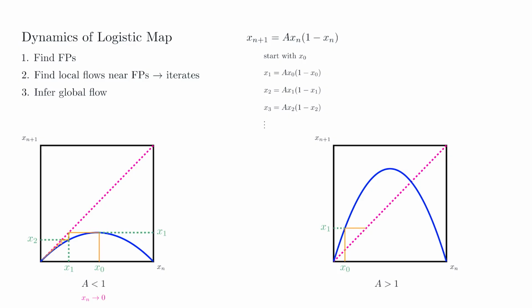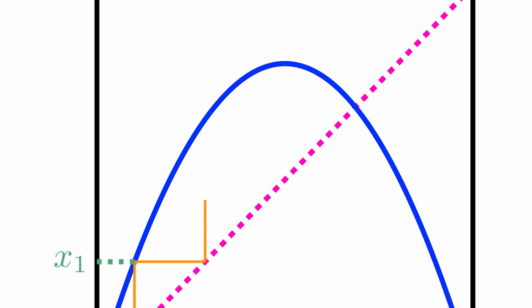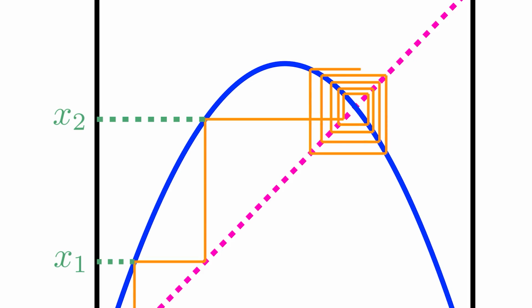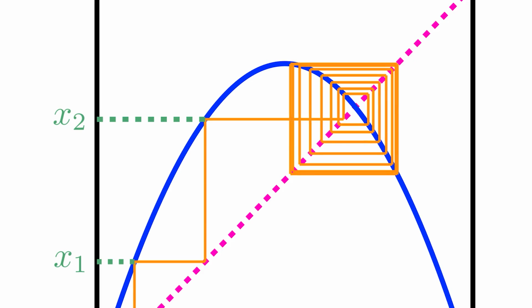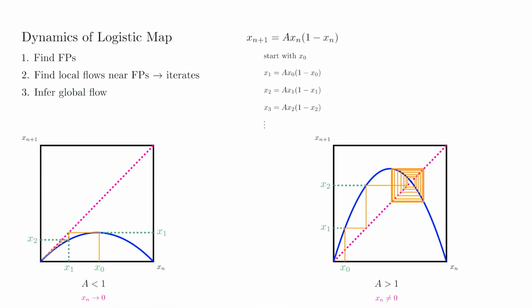So starting at x_1, we will get f of x_1, which gives us x_2, and then we project that back onto the x-axis to get f of x_2, and then we continue iterating ad infinitum. And in this particular case, we will iterate to f of x_n going to infinity going to 0.